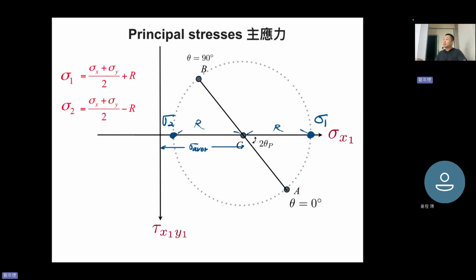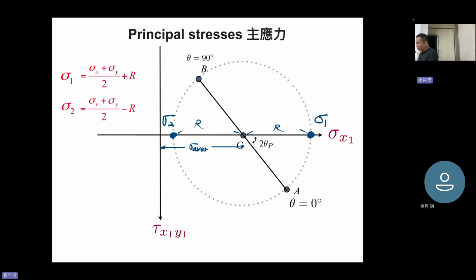And the best thing is that you design your point A, right? You have your theta equal to 0. So this angle difference will be 2 theta P. And the other will be 2 theta P plus 180 degrees, divided by 2, will be theta P2.